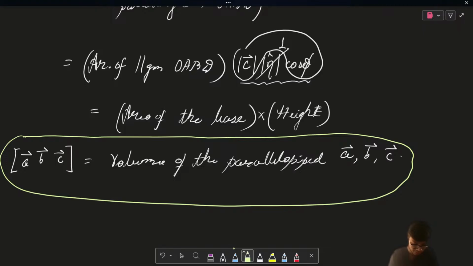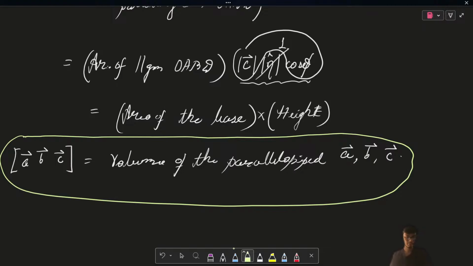Please let me know in the live chat. Okay. So whenever we represent the scalar triple product, it actually refers to the volume of the parallelepiped. Alright. I hope this result is clear.